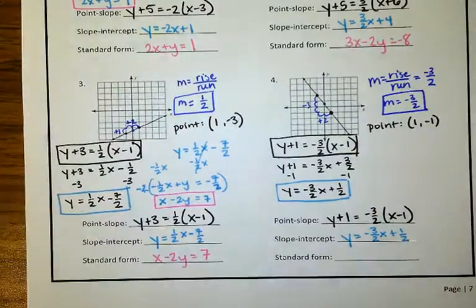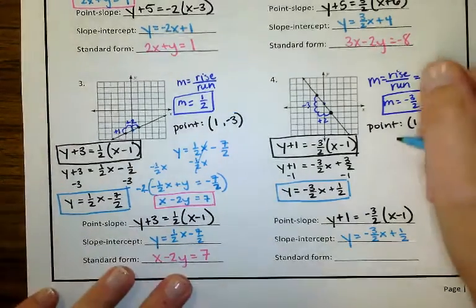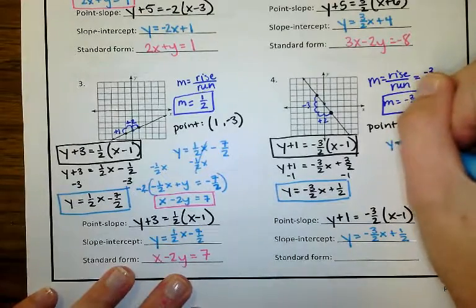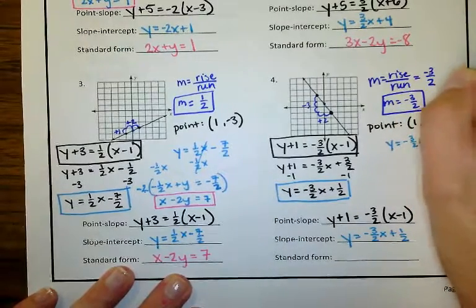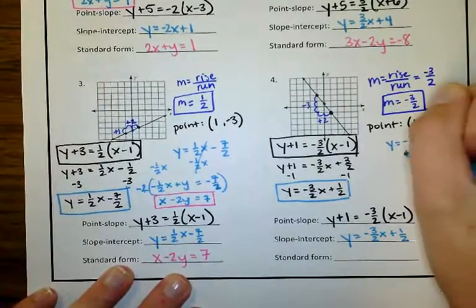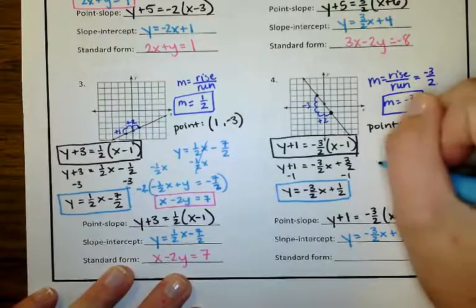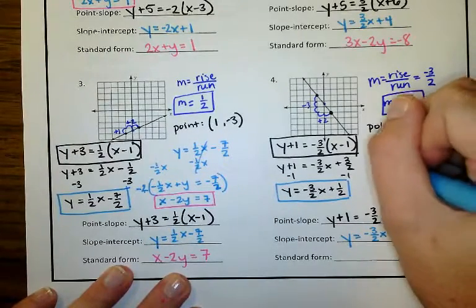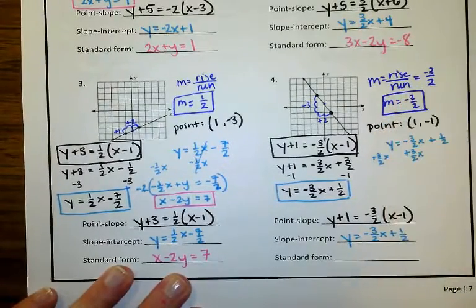So then we go and we take our slope-intercept form. I'm going to write it up here. Y equals negative 3/2 x plus 1/2. We are going to add 3/2 x to both sides. So that becomes 3/2 x plus y equals 1/2.